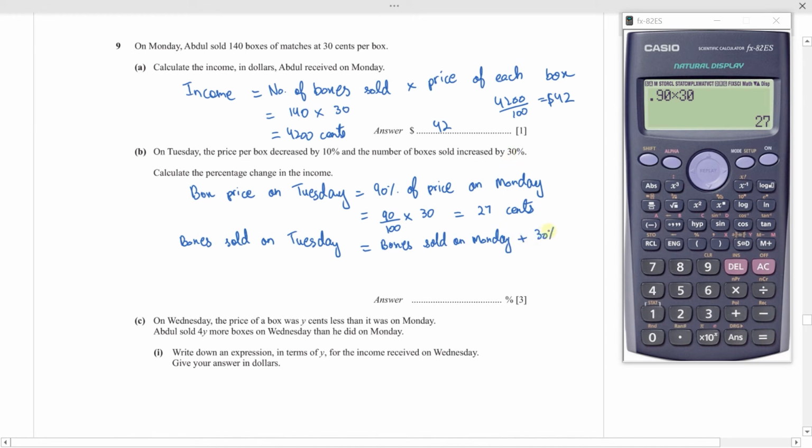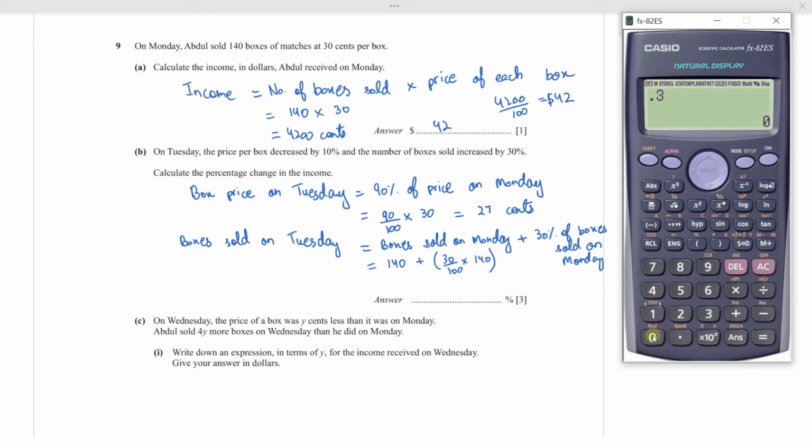So plus 30% of boxes sold on Monday, because the number increased by 30%. So you have boxes sold on Monday as 140 plus 30% of 140 as well. So this is 0.30 into 140. 40.